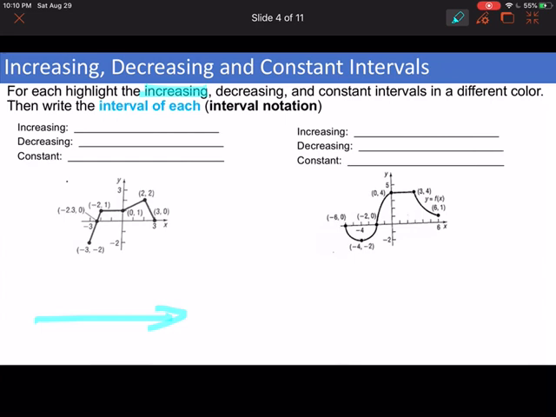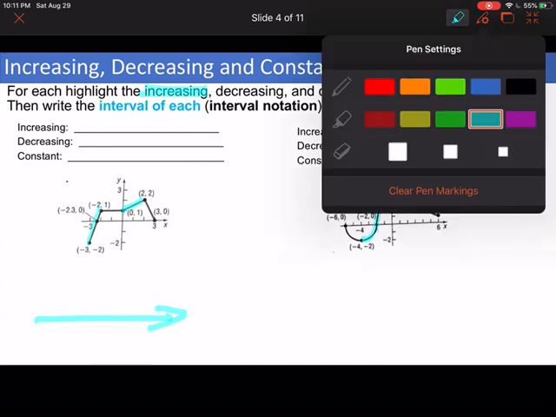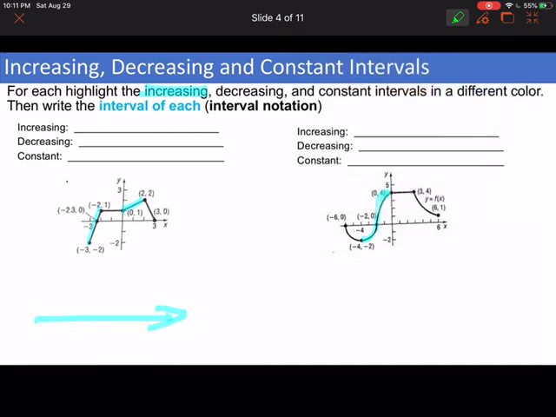So if I'm looking at this, it's going up this way, right? And this way. Okay. So the y values are increasing. And then if I'm looking at this, it's going down, but this is going up. This is still going up, flat. And then going down. Okay. Let's go with constant. Oh, decreasing.